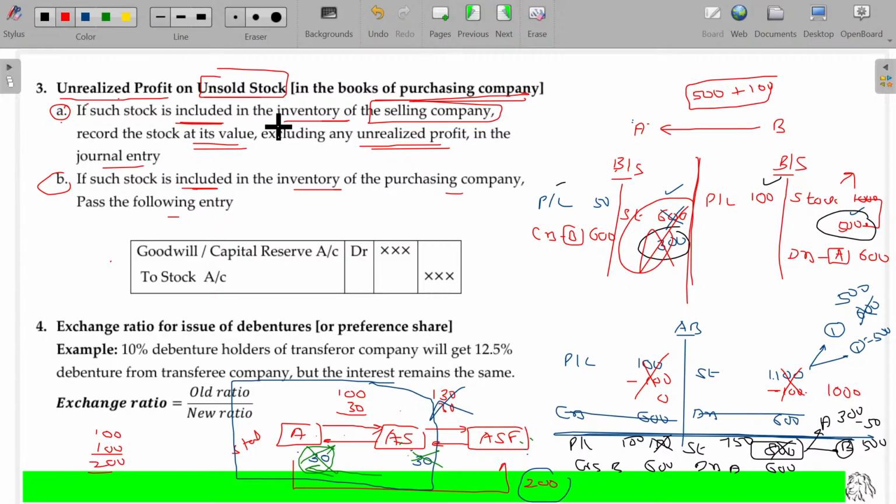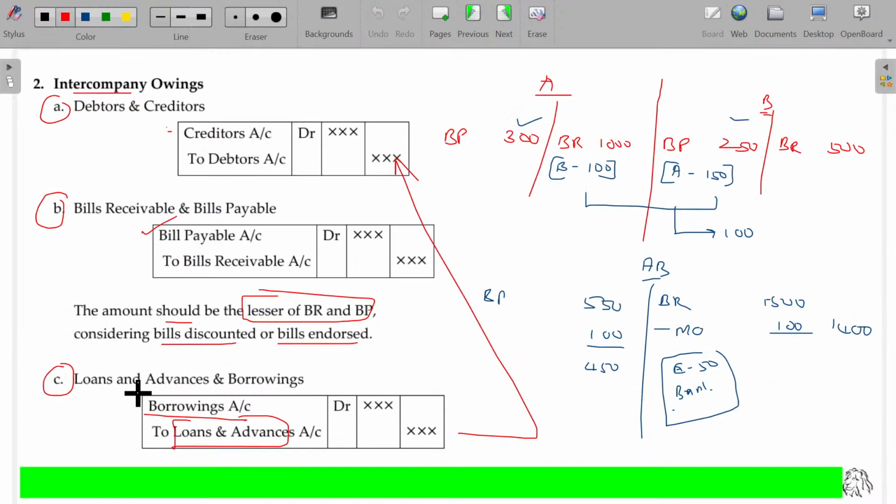Now here, excluding unrealized profit, in this case we are adjusting that in the goodwill or capital. So two scenarios we have. And the fourth point was already discussed, exchange ratio for issue of debentures, where the old ratio by new ratio concept is also explained. So I hope now you'll be able to understand the intercompany owings.